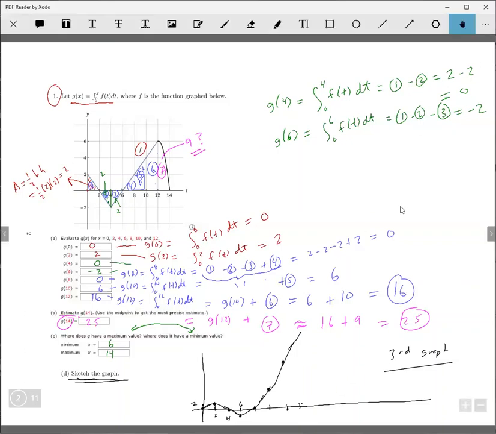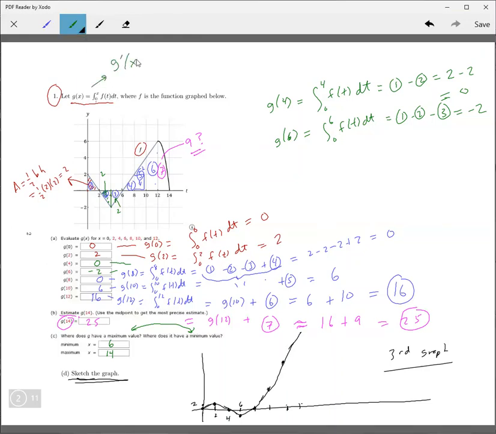Okay, great. So that just gives you an idea of what this kind of function is. And then keep in mind that part 1 of the fundamental theorem of calculus is telling you that the derivative of g of x is just f of x in this function.